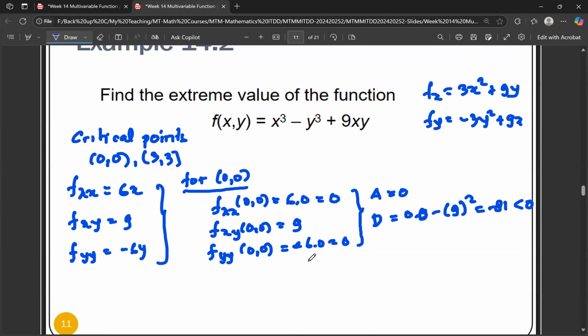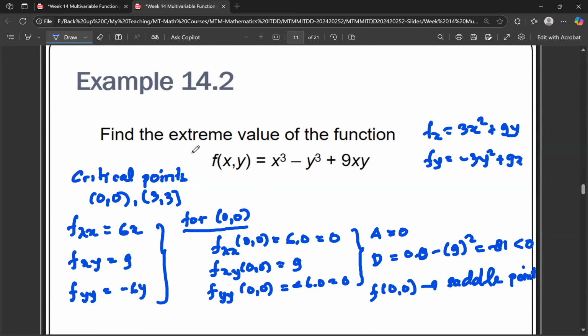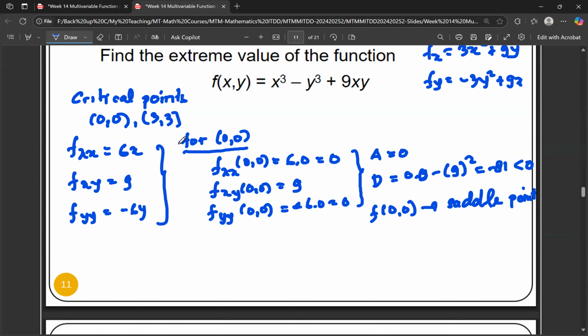So we can say that (0, 0) is a saddle point, from the theorem. We don't need to calculate it because we just need the extreme value in case of maximum or minimum case.